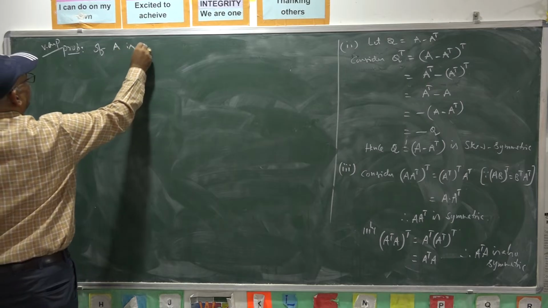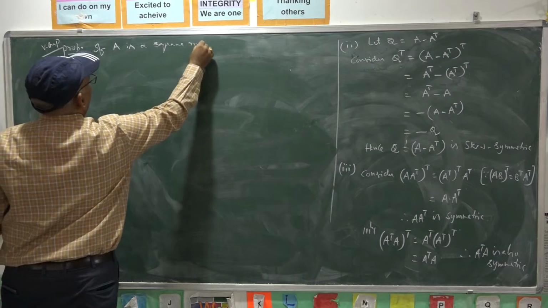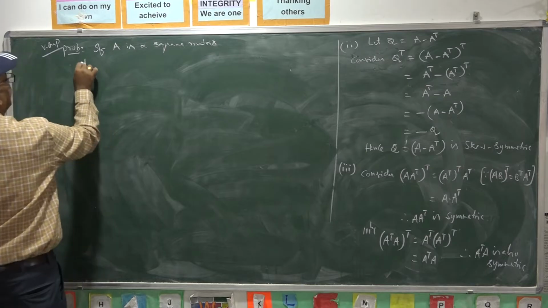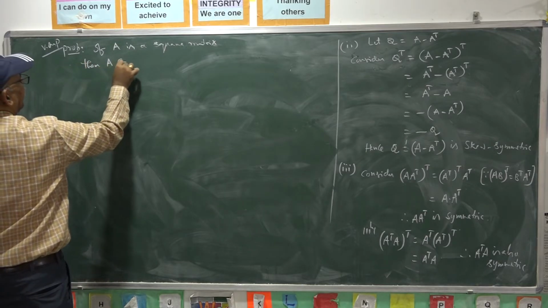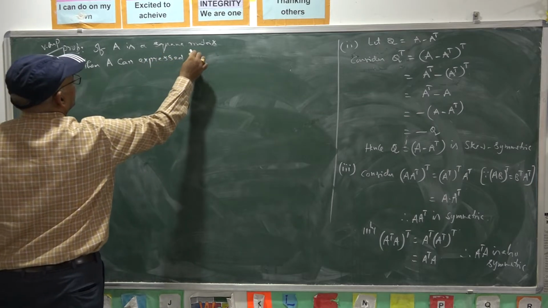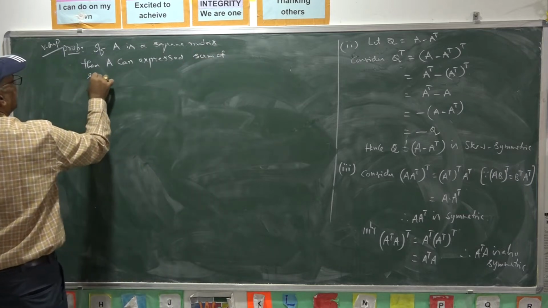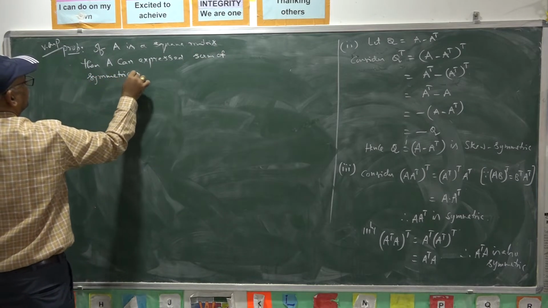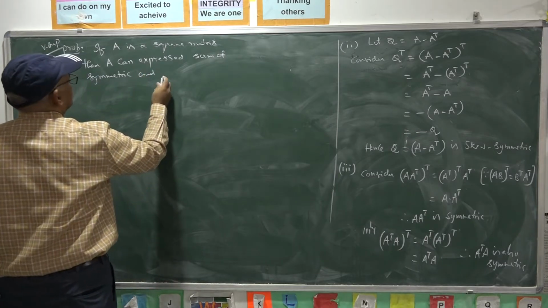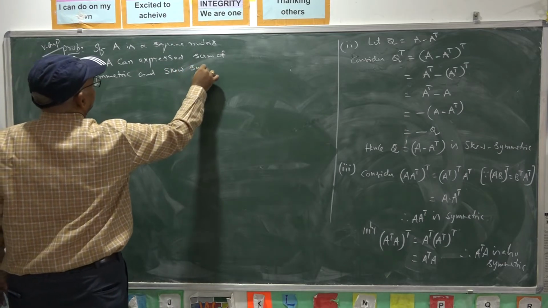If A is a square matrix, then A can be expressed as the sum of symmetric and skew symmetric matrices.